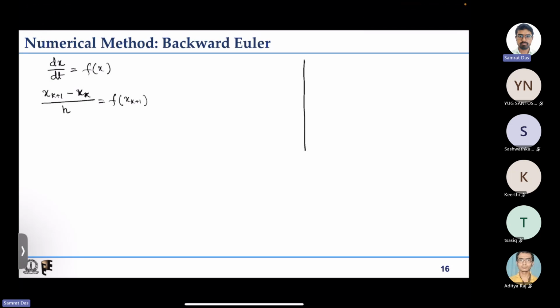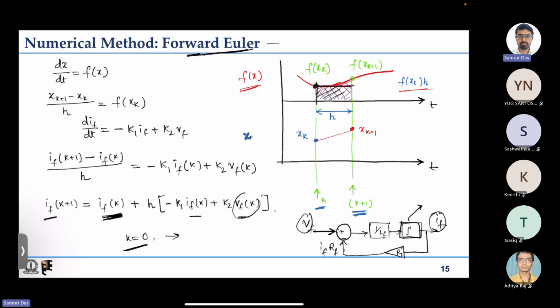So you can see that k plus 1 appears on both sides of the equation. So it is not an explicit solution; the explicit solution does not exist. That is why this method is also known as implicit. This is implicit in nature, whereas forward Euler is explicit, because k plus 1 exists only on the left hand side and not on the right hand side.